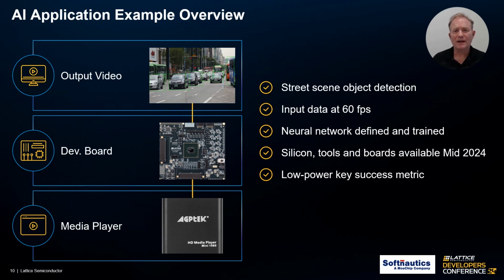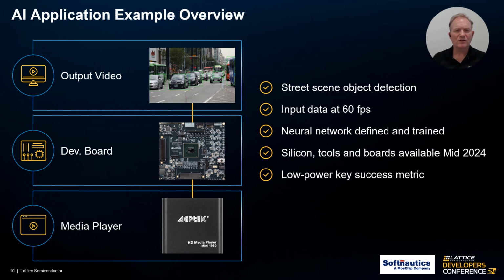The first example that I want to look at is in the space of AI processing. And what we're doing in this example is taking a neural network that's been defined for an automotive application. It takes an input video stream and then looks for vehicles within that stream, places a bounding box around those vehicles, and then sends an output stream from the device.